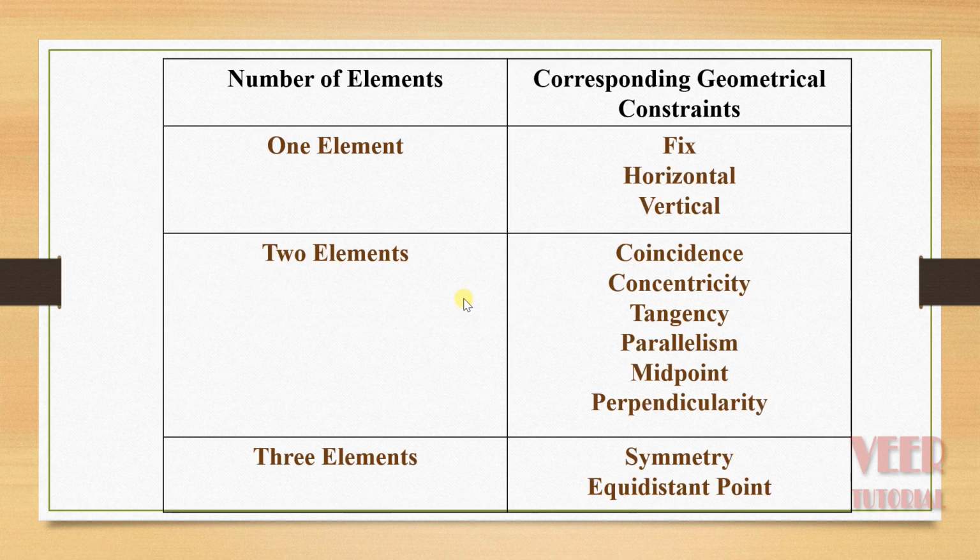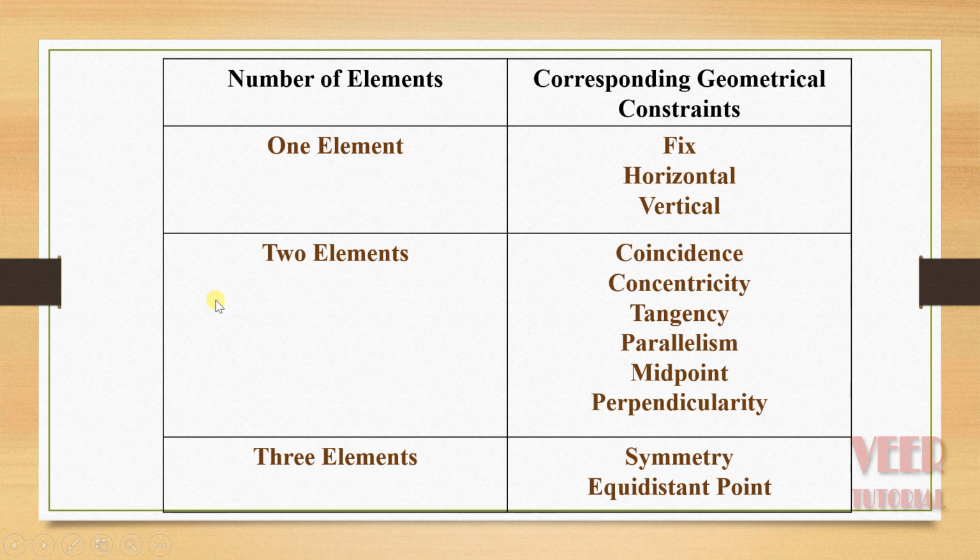So in this table, we have explained different types of constraint. On the left side, we have the number of elements and on the right side, we have the geometric constraint. If we have one element, like a single line, on that single element we can apply these constraints. We can fix it, we can make it horizontal or we can make it vertical.